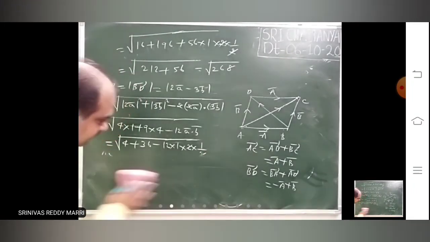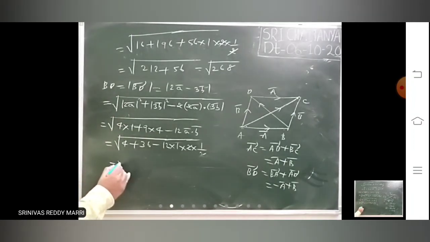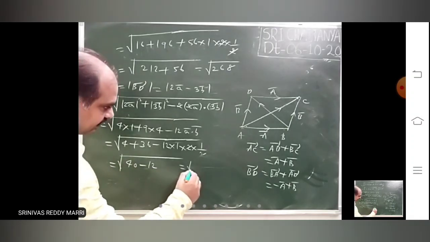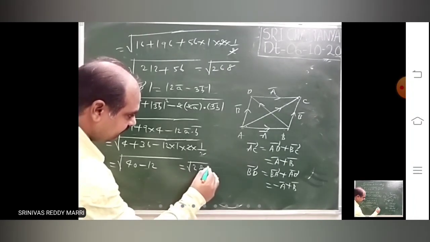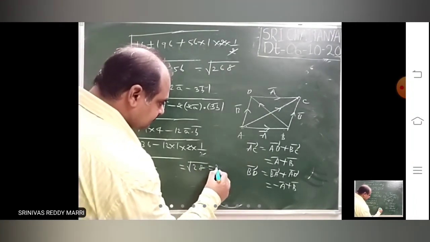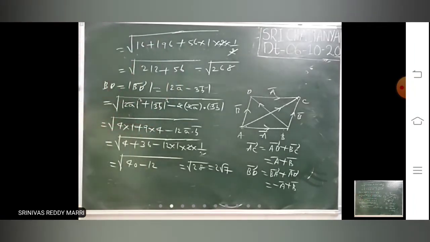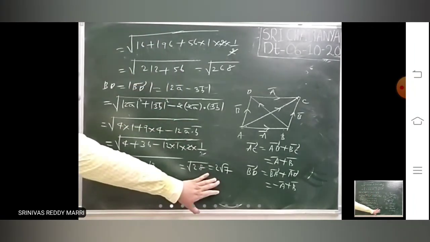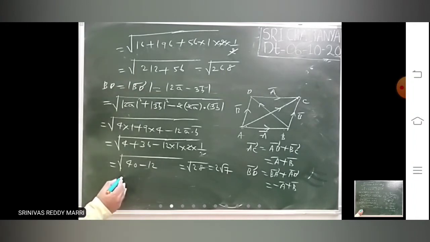Therefore, this is 40 minus 12, that means root of 28, which is 2 root 7. So one diagonal length is root of 268, and the other diagonal length is 2 root 7.